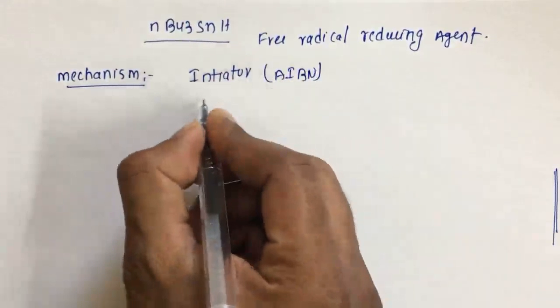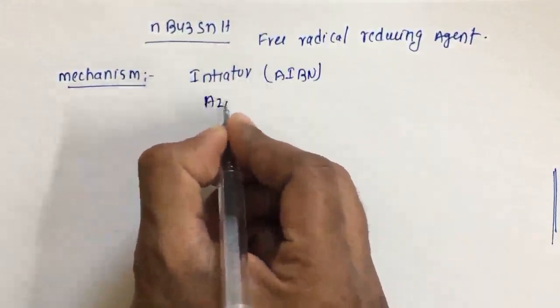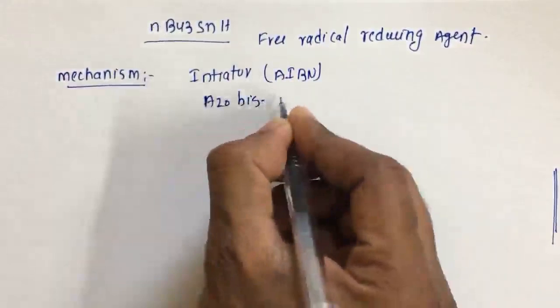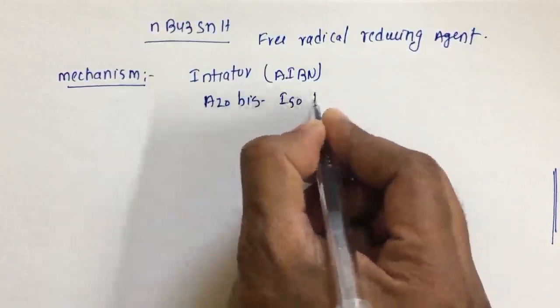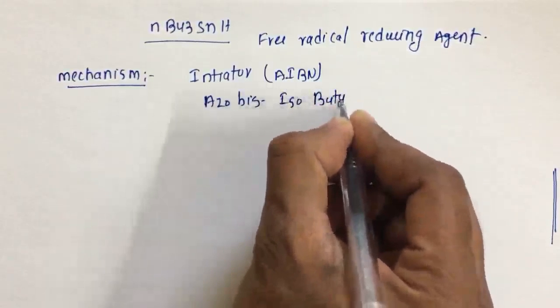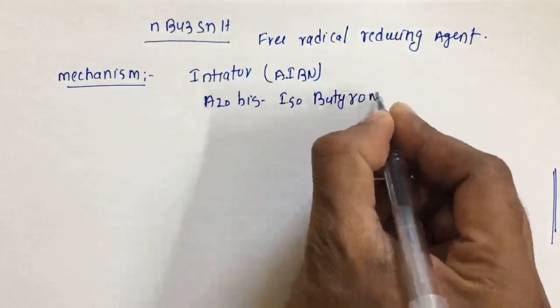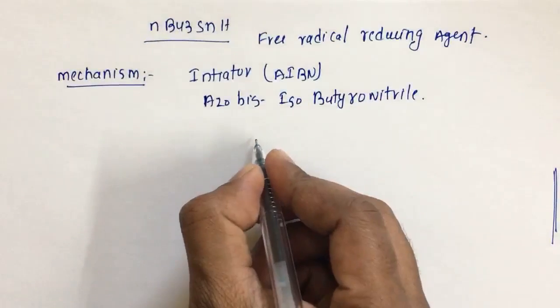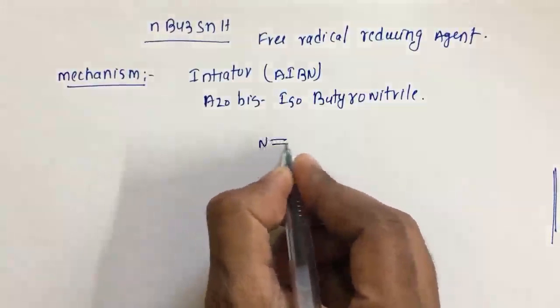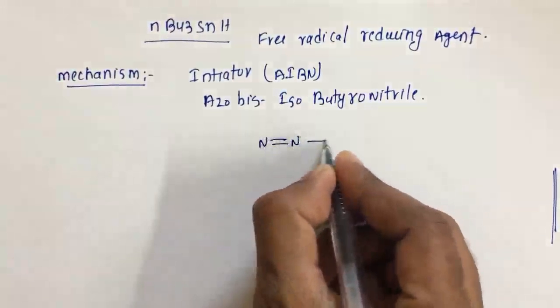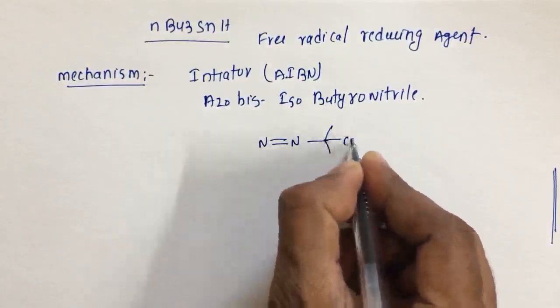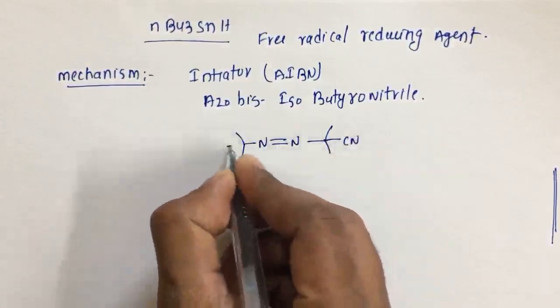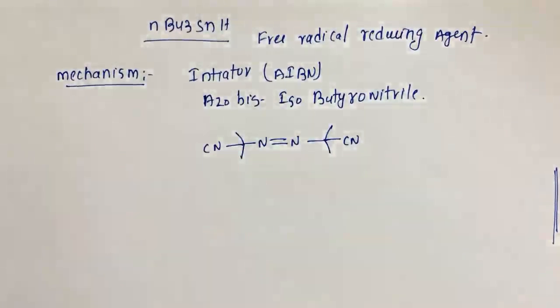It means azobisisobutyronitrile. Okay, so the structure looks like this. There is an N double bond N, this is CN, and this is CN. This is the structure of azobisisobutyronitrile.